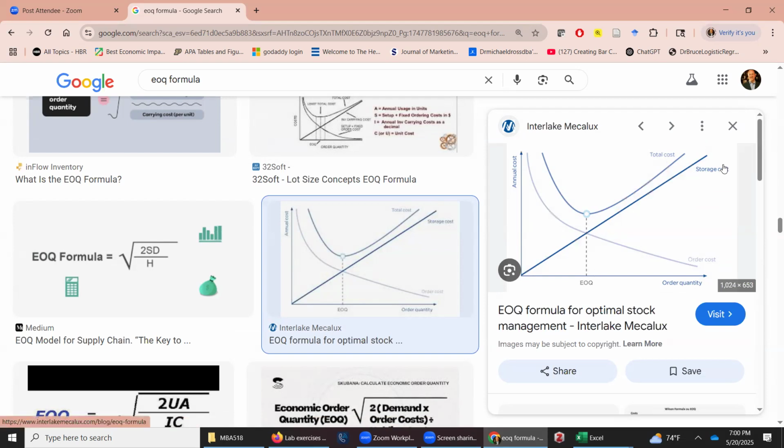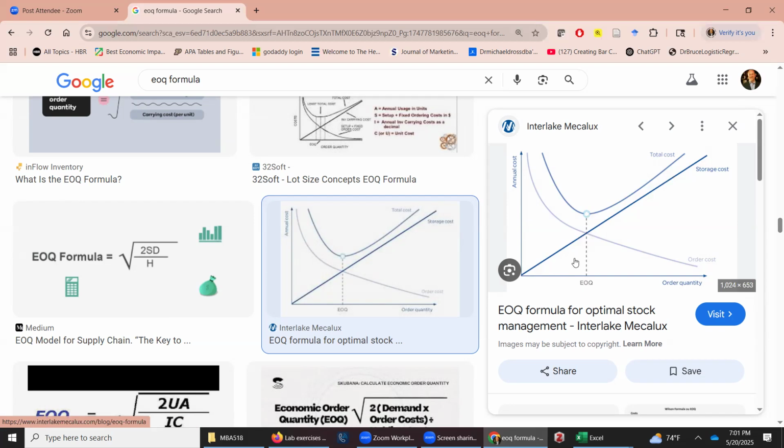So basically what we've got, right? We're going to have a scale problem. We're trying to map our holding cost and our order cost, and what we're trying to do is figure out what is the optimal number of units that I should order at any given point in time. So I'm trying to minimize my total cost here. You can see this total cost curve. This is the minimum. And where does that occur?